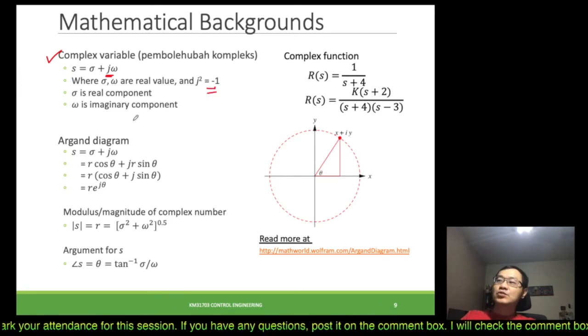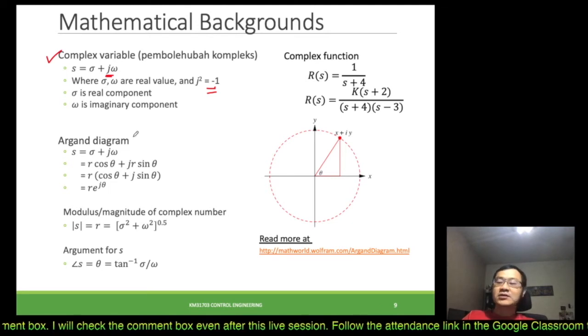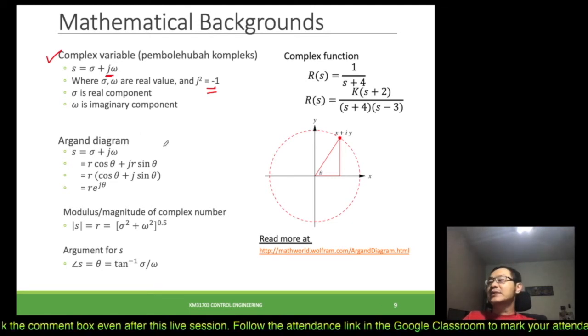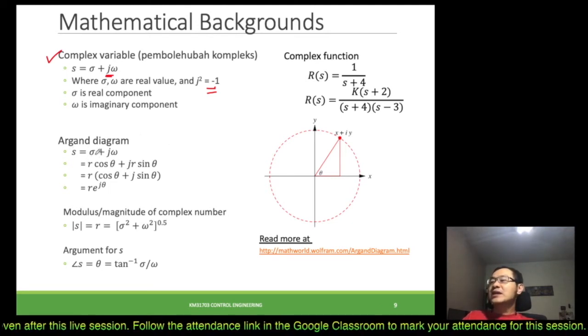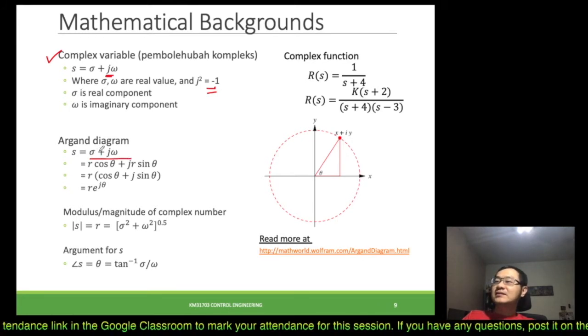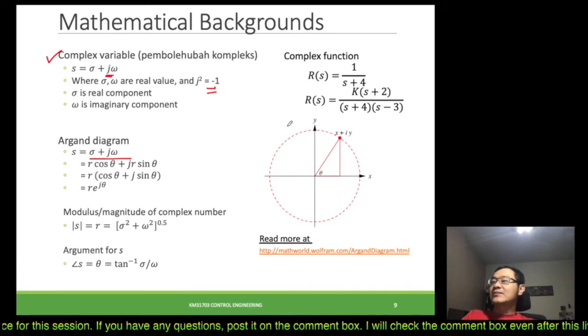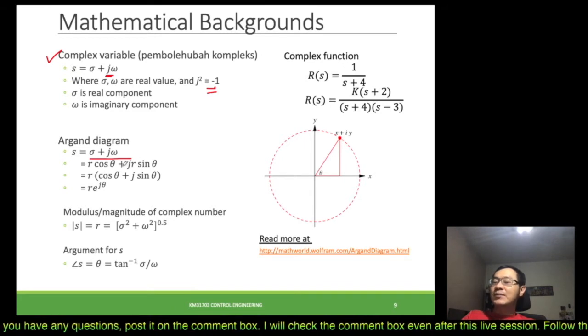Complex variables or functions can also be represented by a diagram, where we can break sigma plus j omega into a diagram, represented by a sine and cos component.